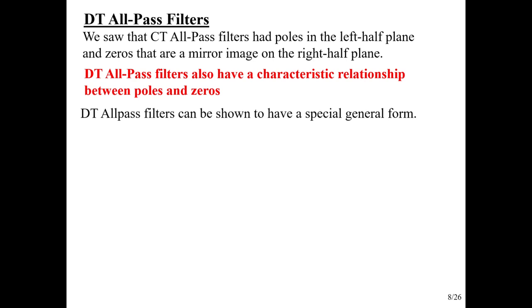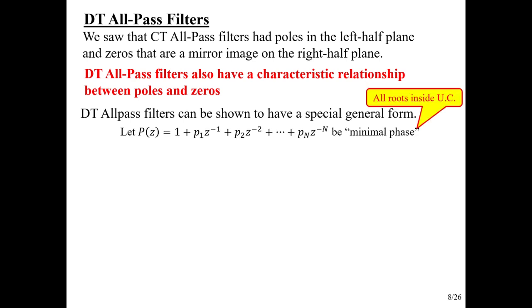So it's going to take us a little bit of work here to set up some notation to think about this. But here's the general form for discrete time all-pass filters. We start by saying, let's create a polynomial, and we've just defined some coefficients there. And this is an nth order polynomial.